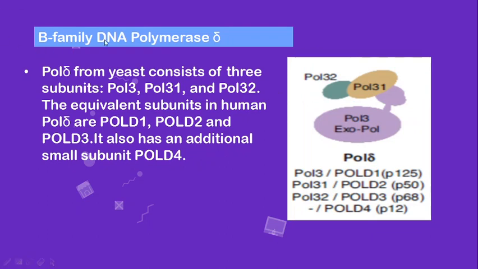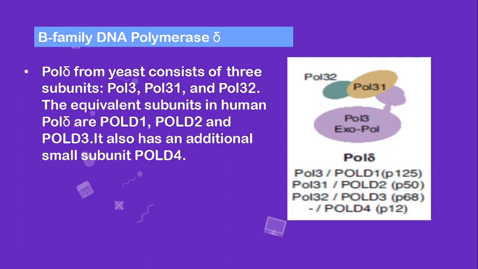The next enzyme is DNA polymerase delta. DNA polymerase delta from yeast comprises three subunits: POL3, POL31 and POL32. The equivalent subunits for mammalian eukaryotic DNA polymerase delta are POLD1, POLD2 and POLD3.